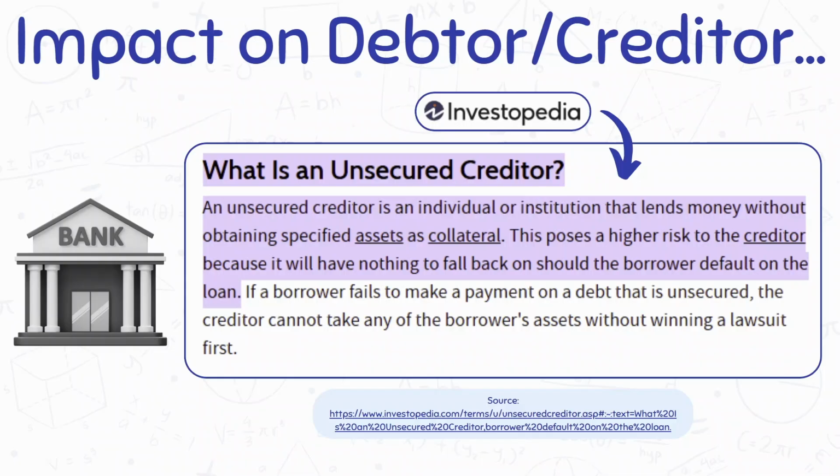So would you look at that? Did you realize that the bank is your borrower? They borrow your funds. They are your debtor and you are the creditor. But this is a risky relationship because if the borrower, the bank, if they default on the loan you gave to them, you actually have nothing to make up for it, unfortunately, unless you can sue them successfully.